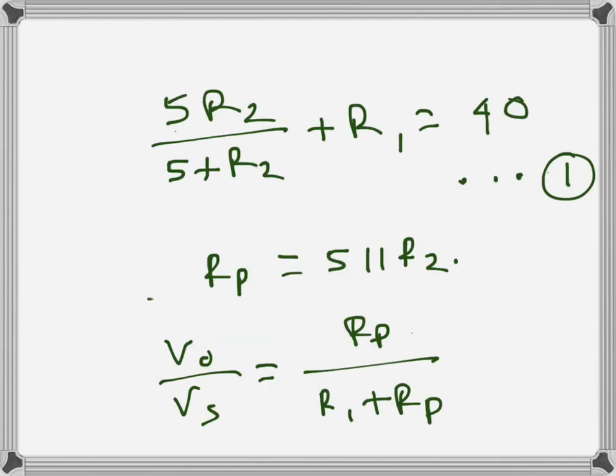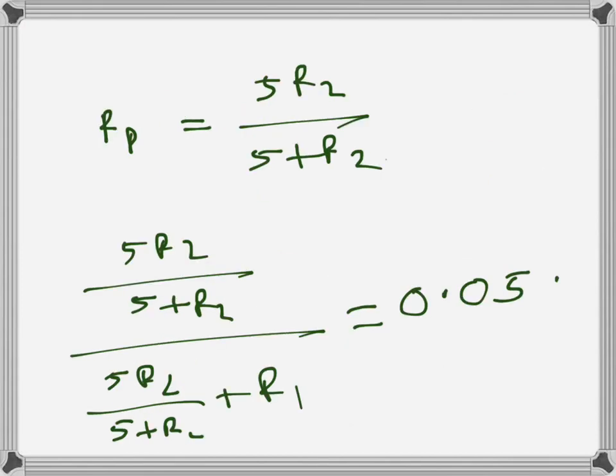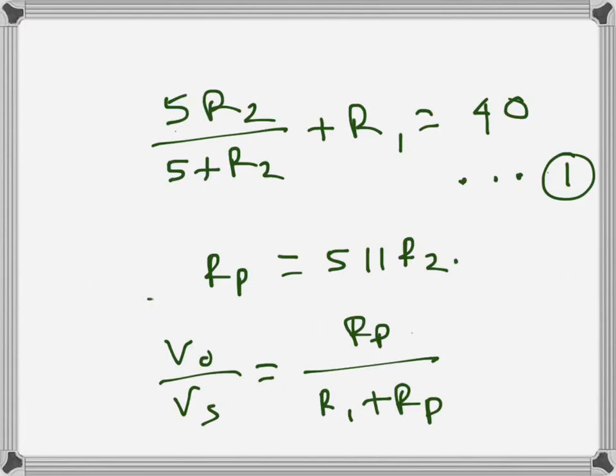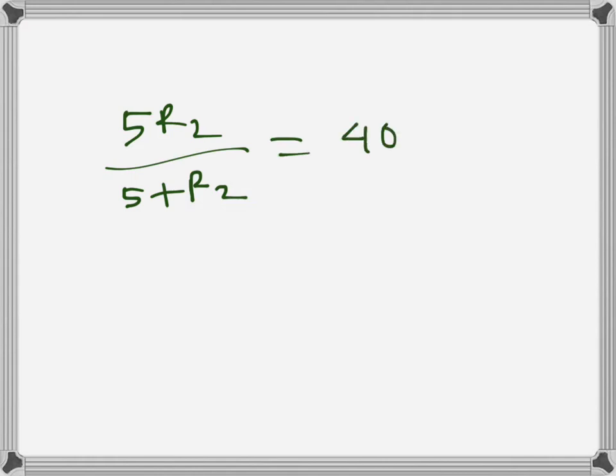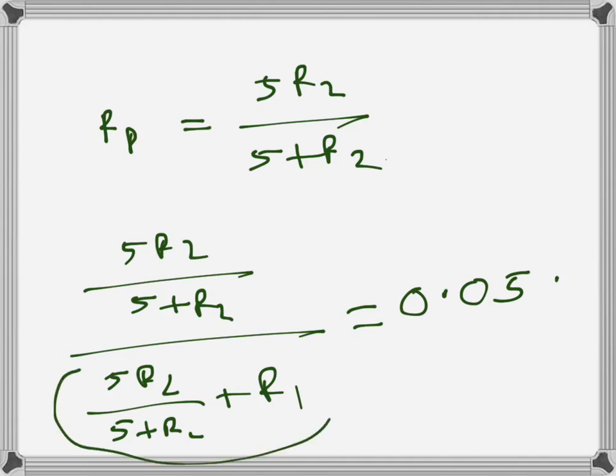Now from the first one, from the first equation, first criteria, we know that this part is 40. So we get 5 R2 divided by 5 plus R2 equals 40 times 0.05, because this one is 40.